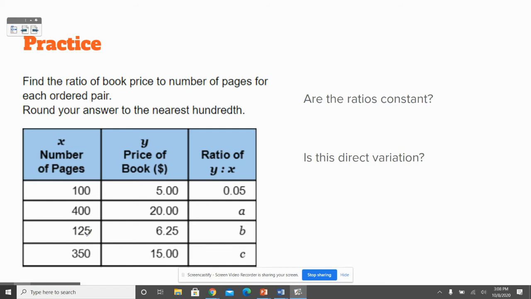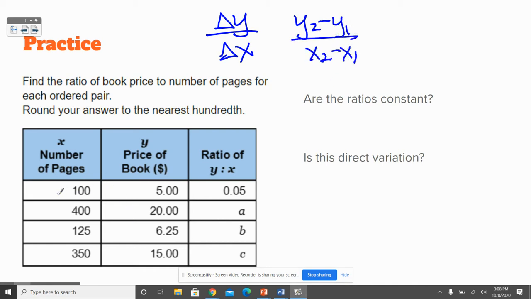But since they did not do that, we're going to have to use some sort of formula to find that change in y over change in x. And our best bet would be to use y2 minus y1 over x2 minus x1. So we're going to pick 2 points. I would have picked 2 points anyway, and we could pick this one and this one.